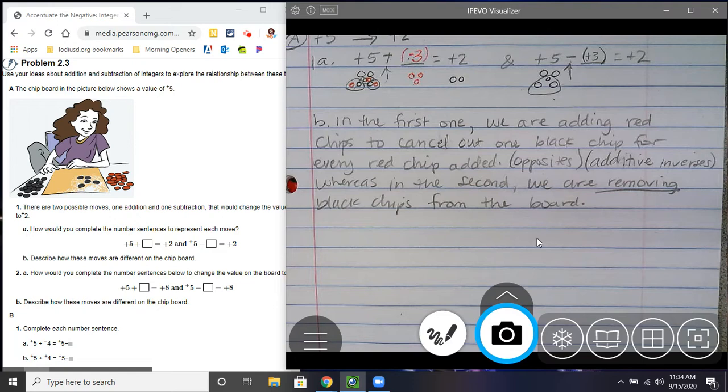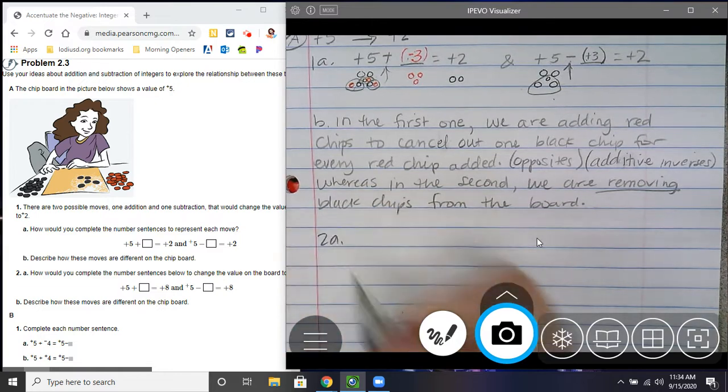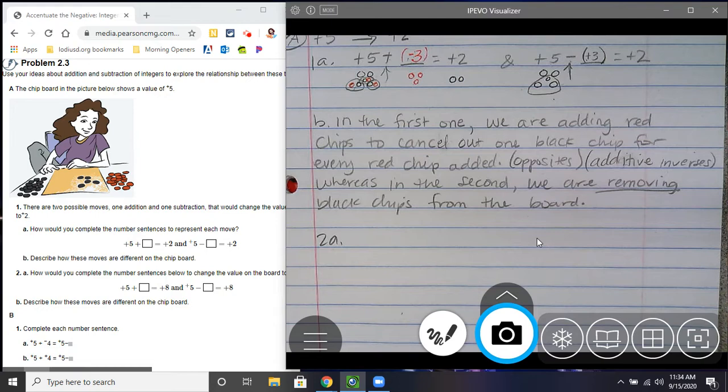Yeah, I'm on the wrong page. To A. How would you complete the number sentences below to change the value on the board to positive 8?